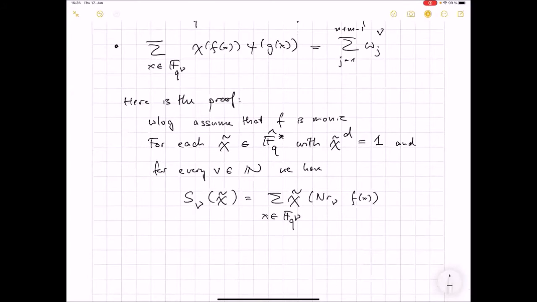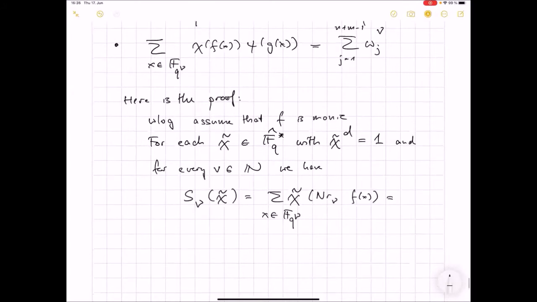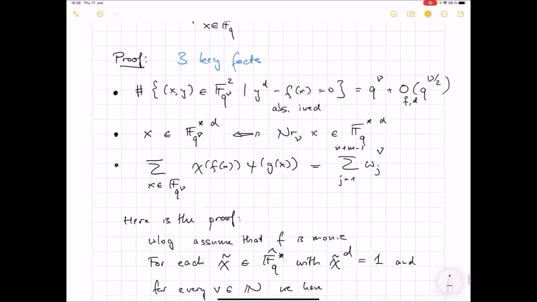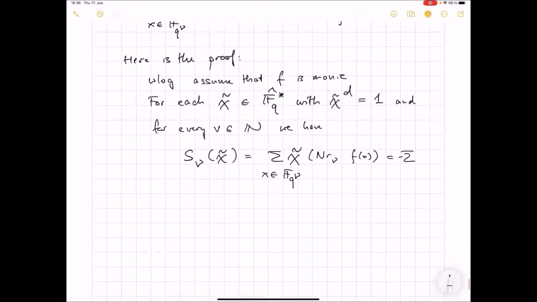So the norm goes down to the ground field, and then I can apply chi tilde. So this makes sense. And we know from key fact number 3 that this is minus. Did I include the minus? No, I forgot the minus here, but the minus is not so important. So it's minus a sum of m minus 1 things raised to the power ν.